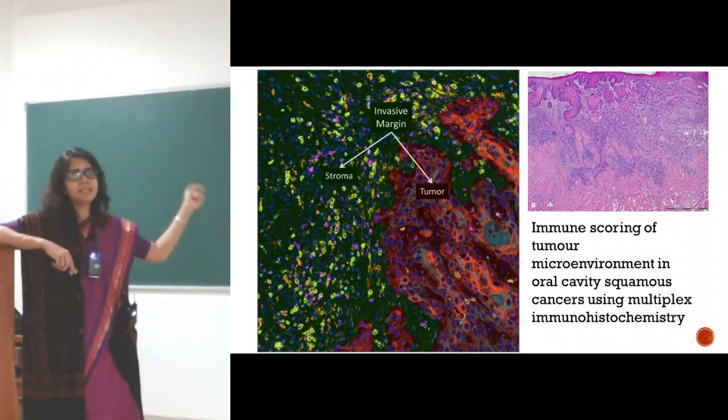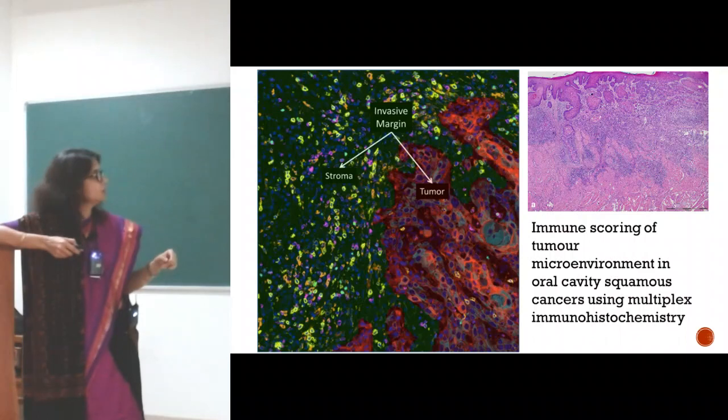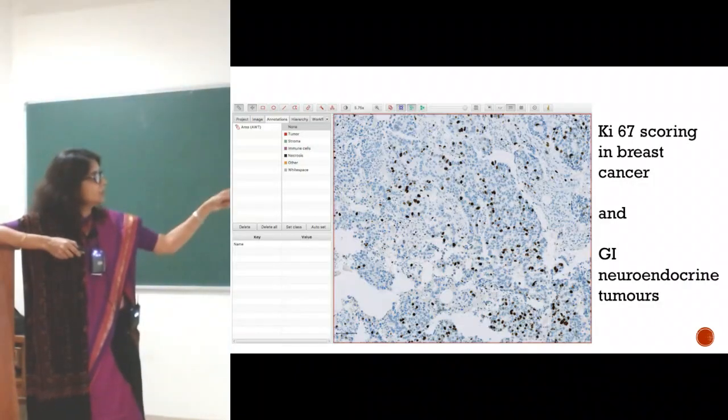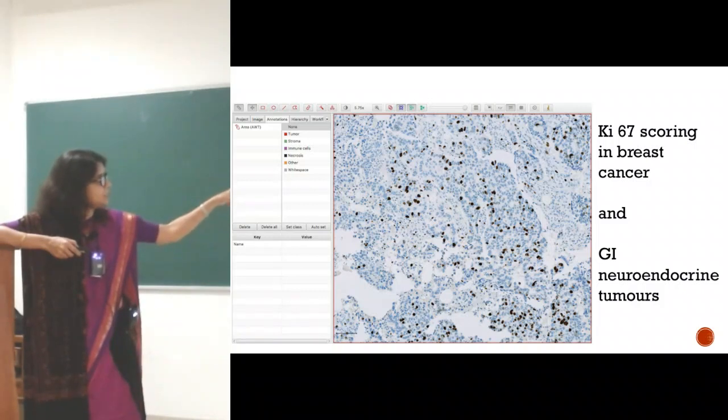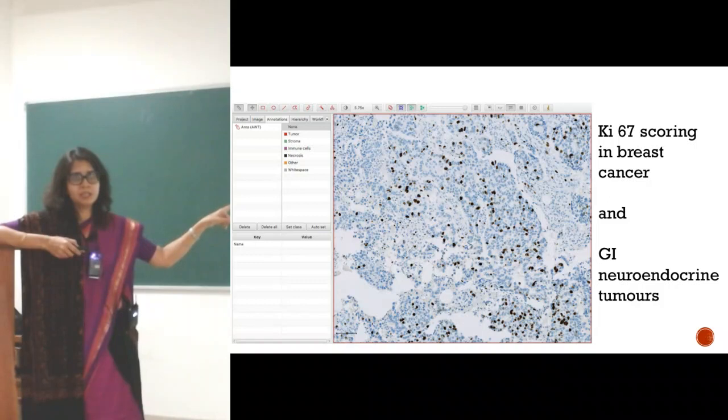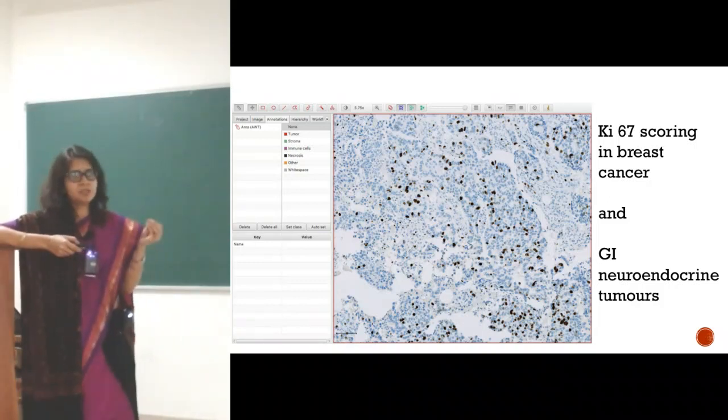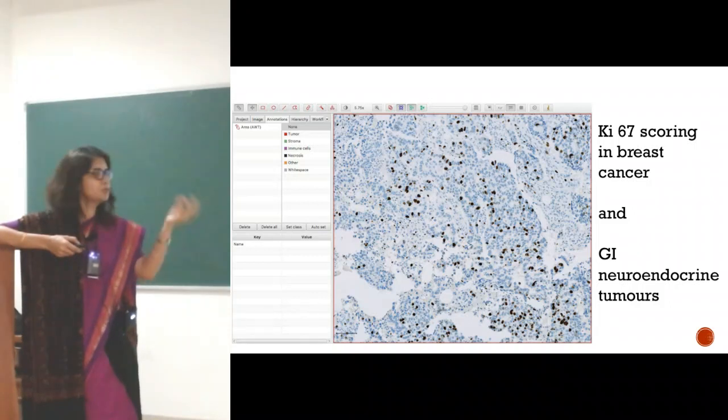So we are doing a validation study now to see whether the computational method works. The problem with the machine reading this is there are tumor cells and there are lymphocytes. The lymphocytes can also pick up brown stain because Ki67 highlights mitosis. The tumor cells are having mitosis, but the lymphocytes, inflammatory cells and macrophages are also having it.